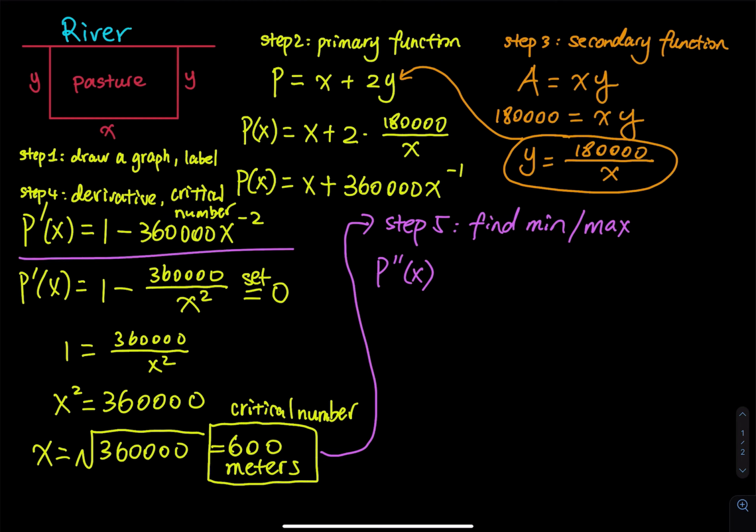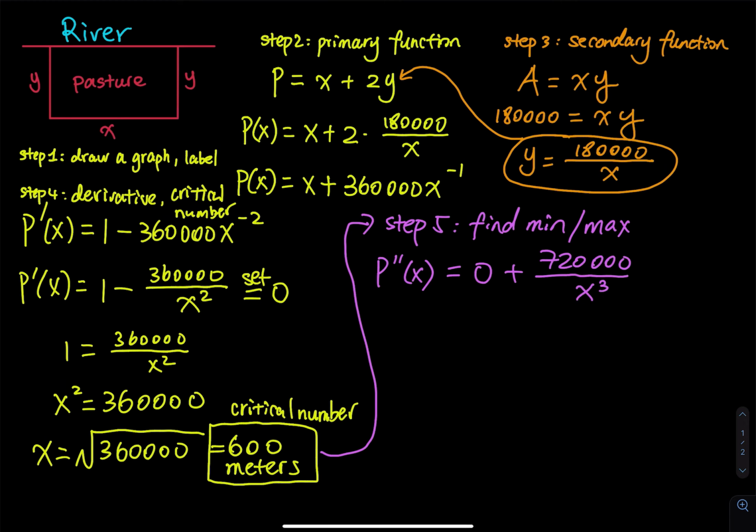So the derivative of 1 is equal to 0, and then you bring the negative 2 down, take the negative 2 minus 1, right? Okay, so that is equal to 0. Once you bring the negative 2 down, you have a positive. So 36 times 2, that is 72. So you have plus 72, 720,000 divided by negative 2 minus 1, which is negative 3. So you put the negative 3 in the denominator and you can change the power to a 3.